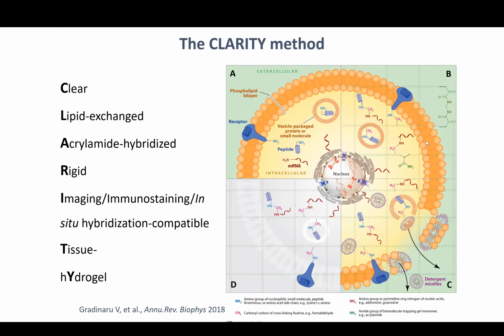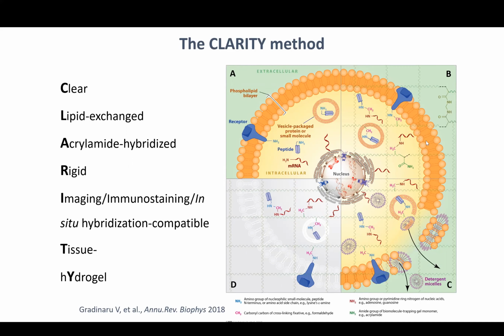So we use the CLARITY method with some adaptations. So in A here, you can see a cell in its native state. In B, primary amines allow the cross-linking of proteins and DNA using paraformaldehyde and monomeric acrylamide. This is followed by acrylamide hydrogel polymerization to develop a rigid scaffold on which our biomolecules of interest can be held.